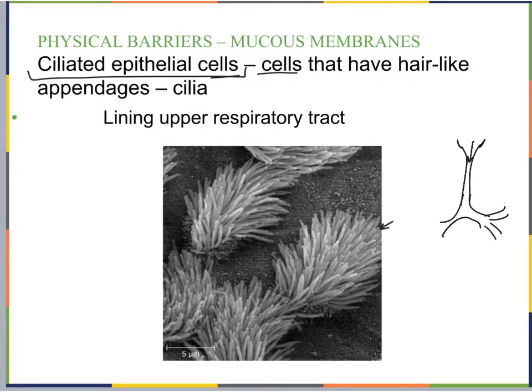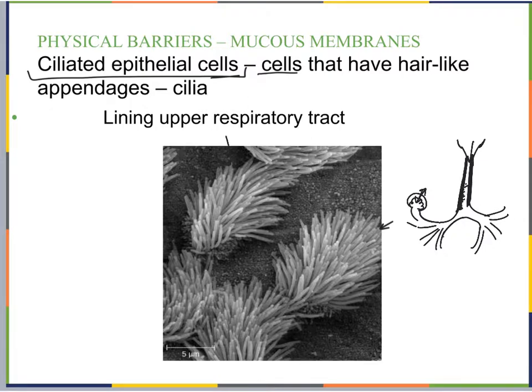So this is where we have our branches here, and then those branches get smaller and smaller and smaller as we get to what are called the alveoli of the lungs, which are the little bubbles or air sacs in the lungs that allow for exchange between the cells of the body and the cells of the respiratory tract. What we're looking at here is that the respiratory system all along here is coated in ciliated epithelial cells, which means that all of the cells in our respiratory tract have these little tiny hairs that you can see here.